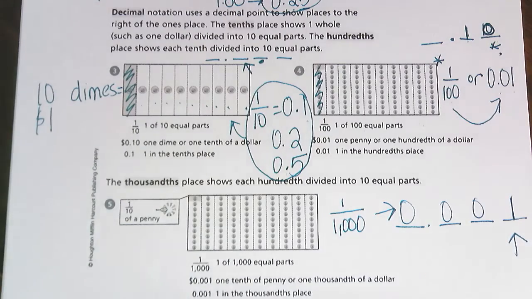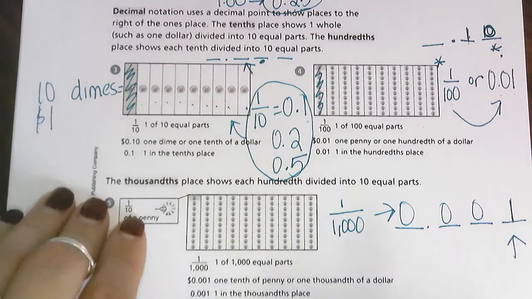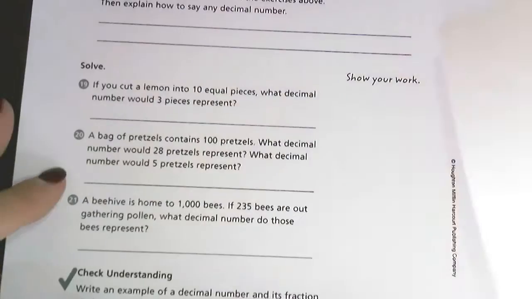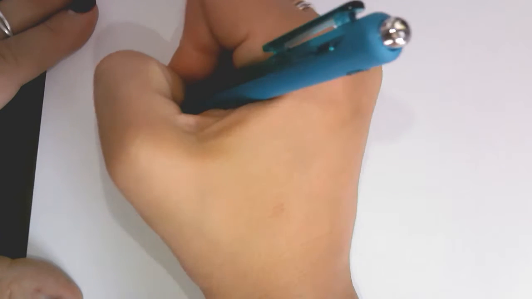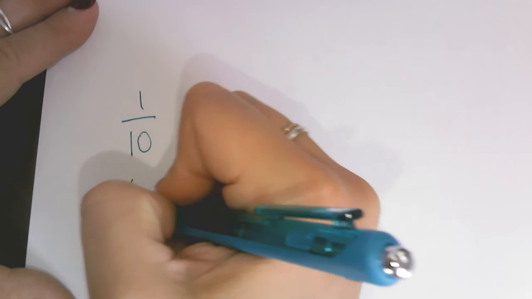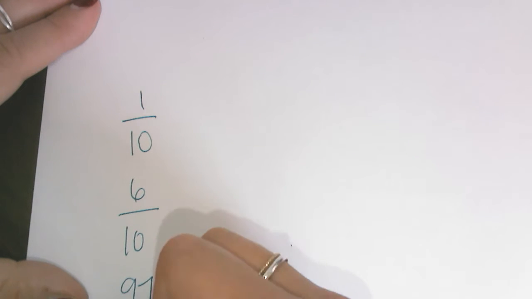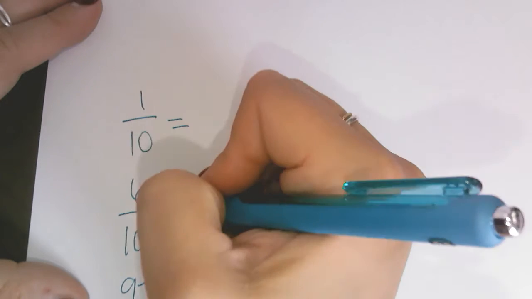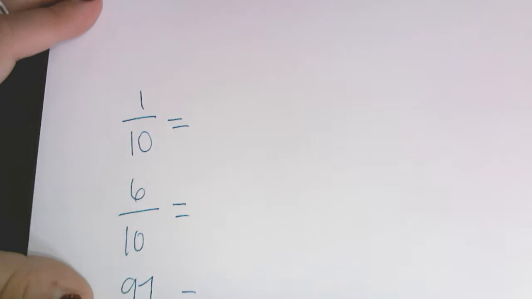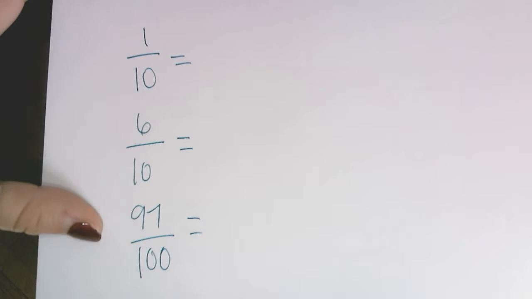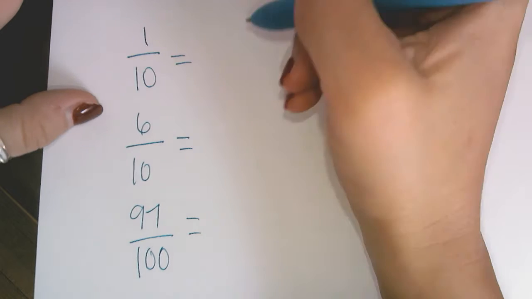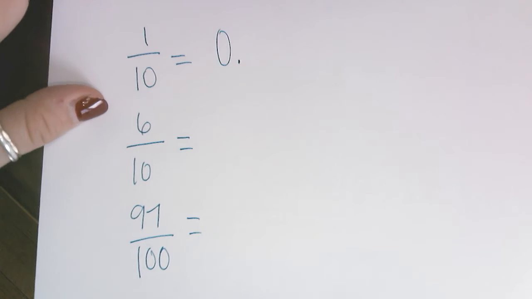So an important thing to remember is that when we write a decimal, so if we're doing something like 1/10 or 6/10 or 97 hundredths, and we want to put these fractions into decimals, we need to make sure that we put our 0 and then our decimal point.